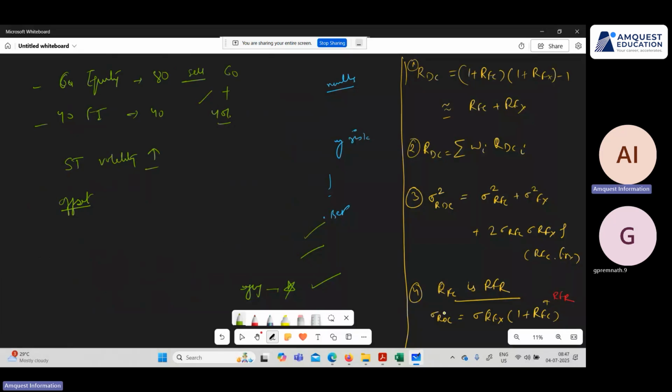You again have to increase your hedge or decrease your hedge ratio depending upon how your market is moving, because ultimately you are hedging your overall portfolio and the portfolio values keep on increasing or decreasing.